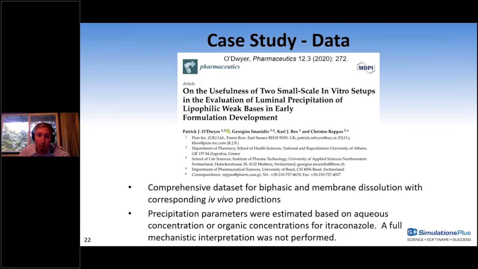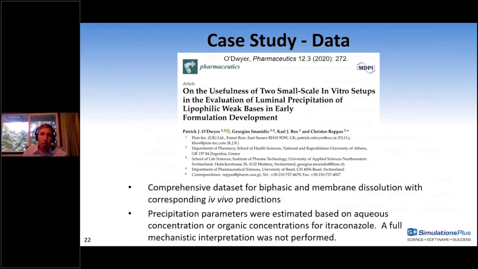So our model takes everything into account, and we're actually showing the full profiles that were simulated in our work here versus what they had performed in their paper. So we added a little bit more detail, I think, over the top of what they had done originally.